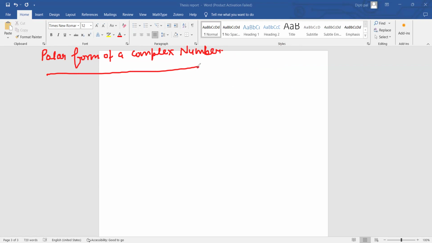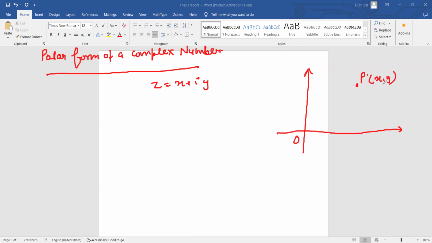If we have a complex number z equals x plus iy, suppose we represent this number on the plane. It will be a point P with coordinates (x, y). Here x is r cos theta and y is r sin theta.